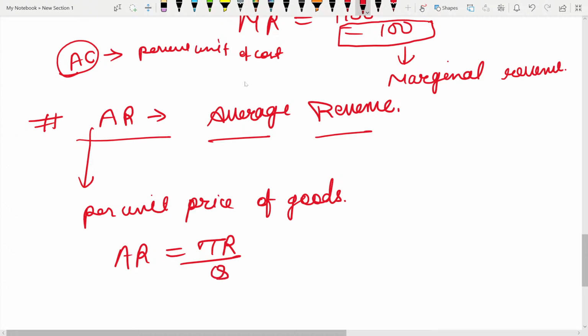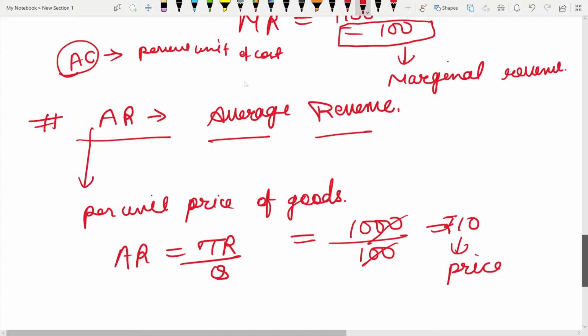So this is average revenue. Now let's suppose initially total revenue is 1000, and the total output that we produced is 100. So dividing, we got 10 as a result. This 10 is representing the price itself.